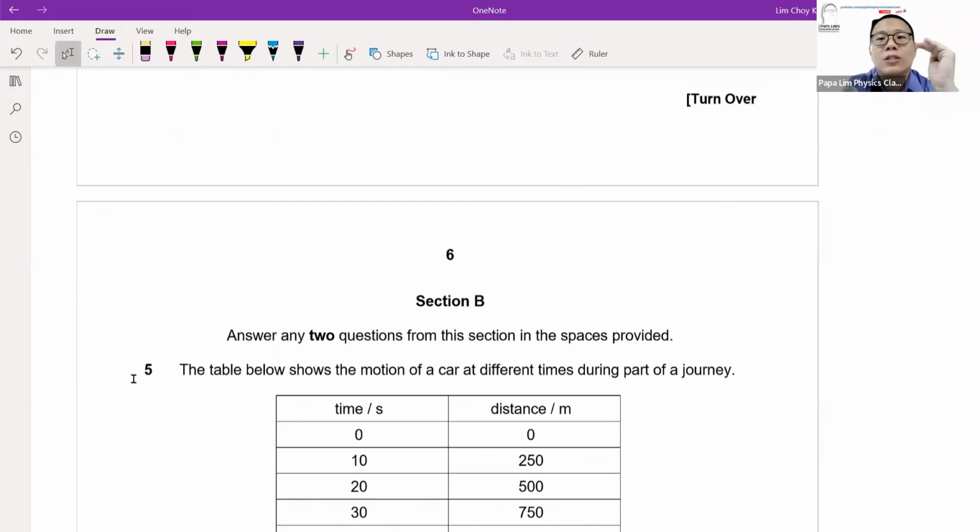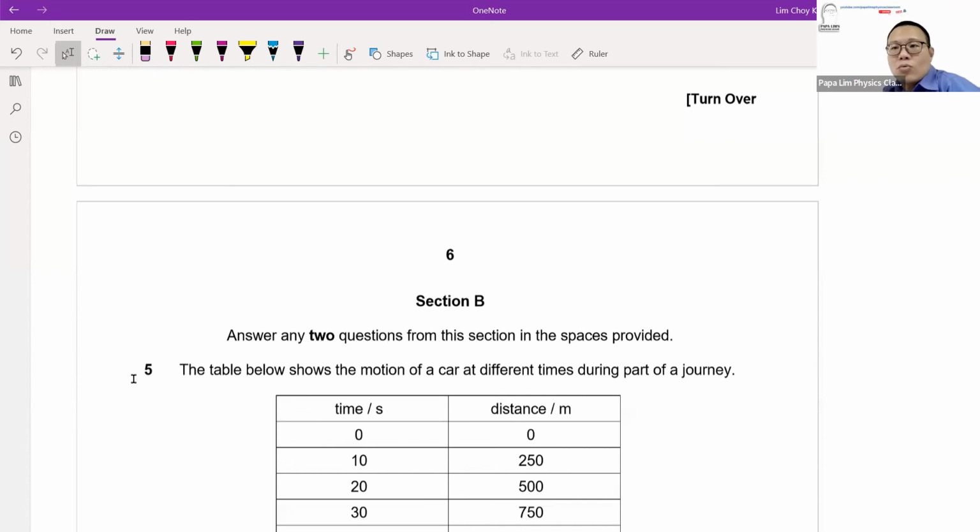Spend at least 1 or 2 minutes of your time reading through all 3 questions in section B first. Then choose the 2 most suitable questions. Suitable here means the questions that you have confidence in scoring the highest marks.